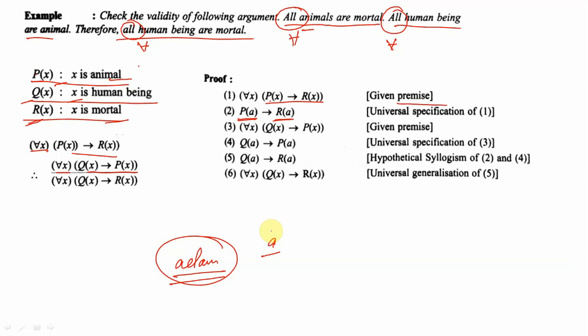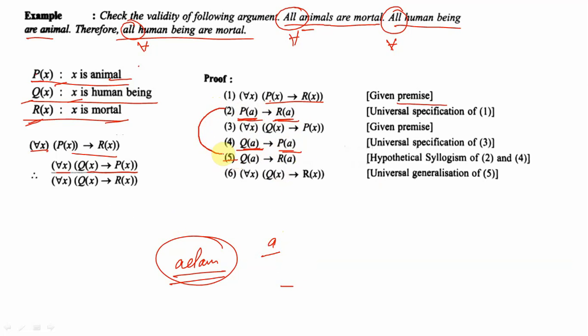Then again we say all human beings are animals. So once again I can say, if Adam is a human being, then Adam is an animal. Here I am saying if Adam is an animal, then Adam is mortal.